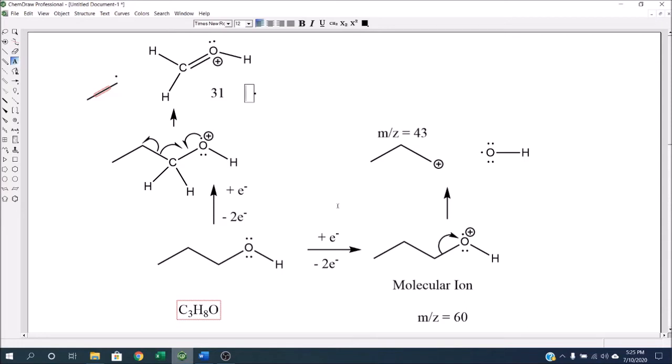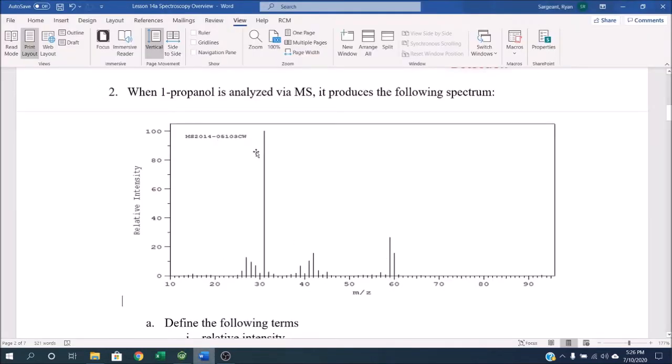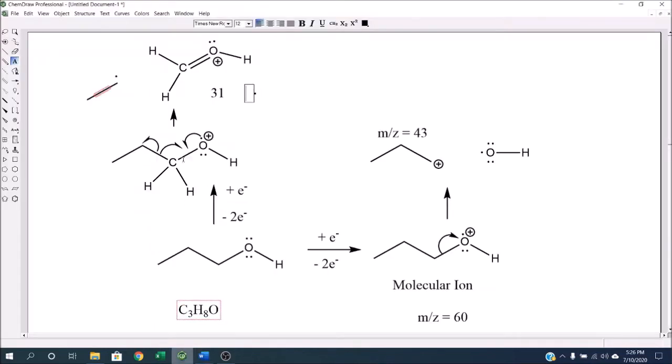It should make sense that this pathway that produced a compound with an M over Z of 31 is a better pathway, and the data tells us that it's definitely more probable. That's why this peak is higher, that more often than not, the molecule is undergoing this 3 half-headed arrow mechanism. And the reason for that is the other pathway is producing a primary carbocation. That is an unlikely pathway because of how unstable primary carbocations are.